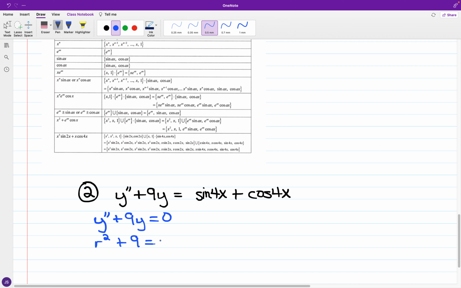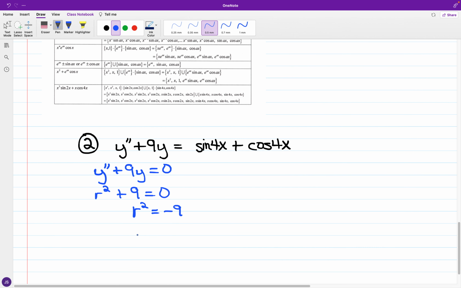So we have r squared plus 9 equal to 0, and we have r squared equal to negative 9. Again, we're back to the complex roots of positive and negative 3i, just referencing what we had with the Euler equation. So for the complementary solution, we're going to have sine and cosine terms that will have the coefficient in the angle matching the absolute value of the complex roots.